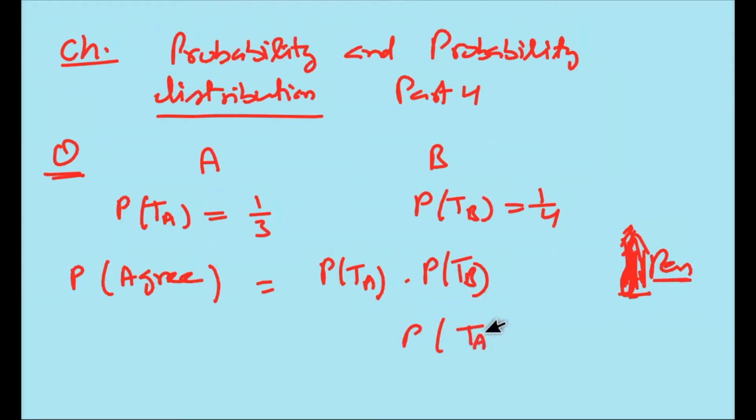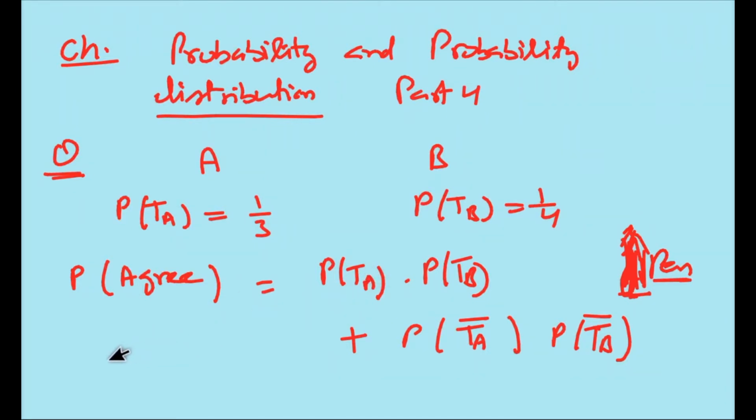So A lies, meaning not truth, and B also not truth. So this may happen: they both tell the truth, or they both tell a lie about this pen. This total event is the probability of agreement.